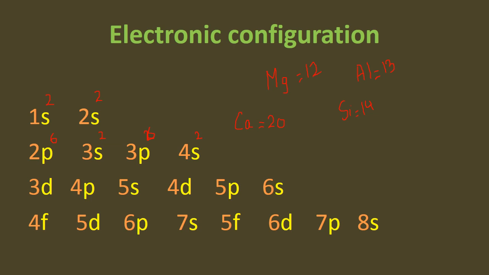There are some exceptions. Let's discuss them. Some elements in the periodic table show exceptions because of the presence of d subshell. For example, chromium has an atomic number 24.